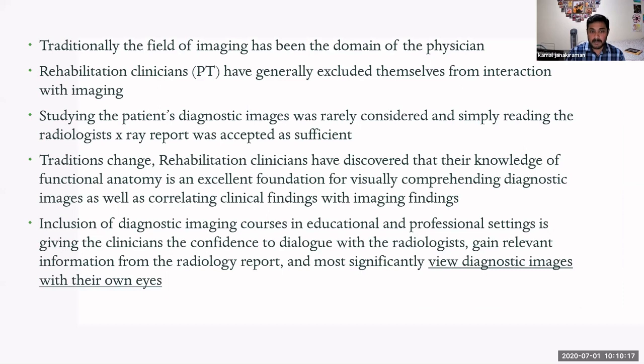Traditions changed. Rehabilitation clinicians have discovered that the knowledge of functional anatomy is an excellent foundation for visually comprehending diagnostic images as well as correlating clinical findings with imaging findings.